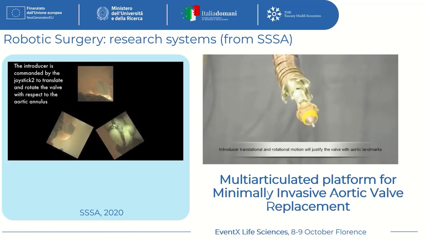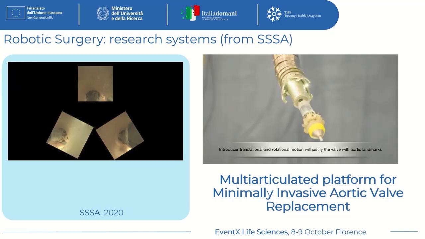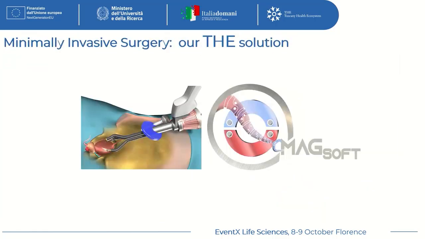This is a combination of movies where we also see the difficulties in visualizing the area of the heart. So we are using 3 different cameras in order to focus on the annulus where you have to deliver your valve.